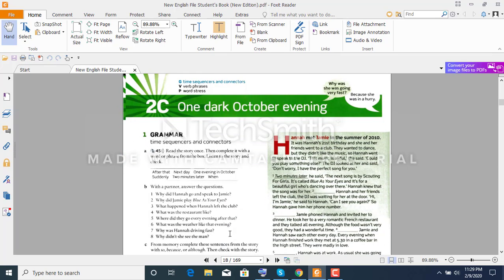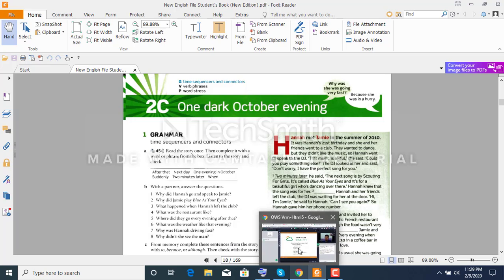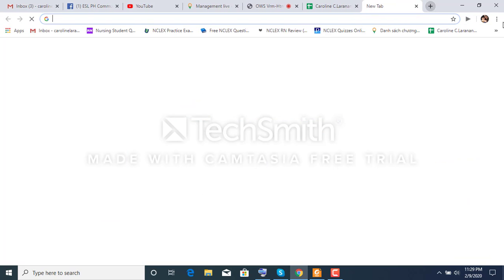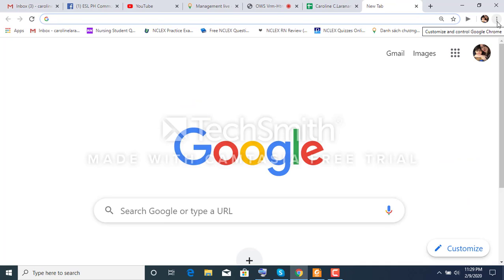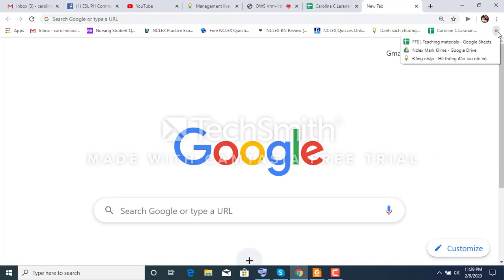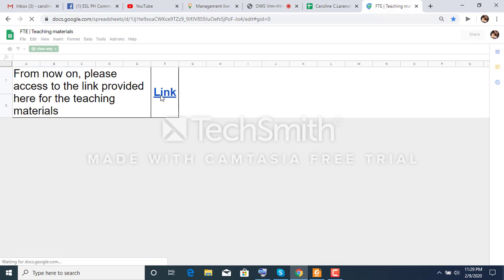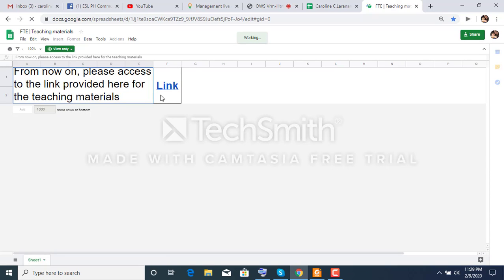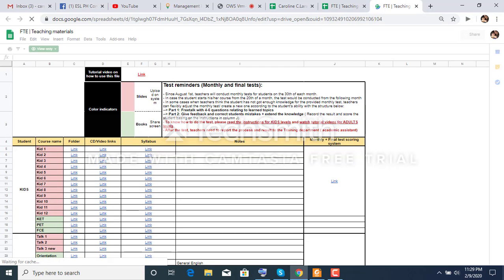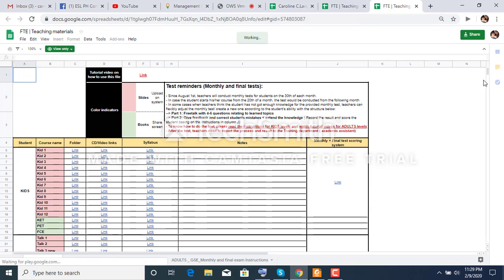So what is time sequencers and connectors?